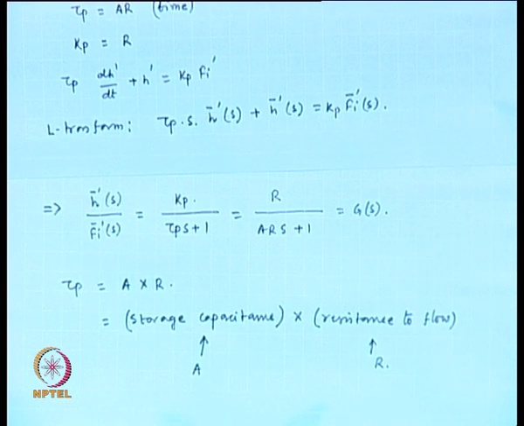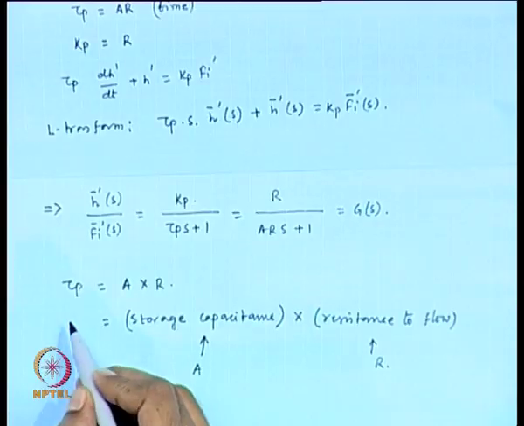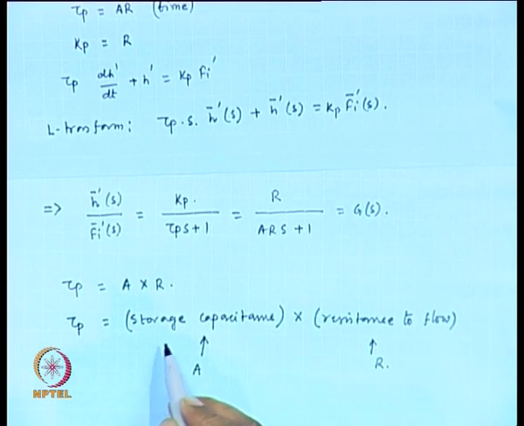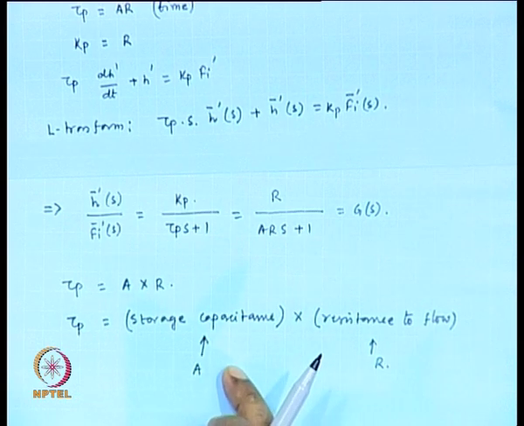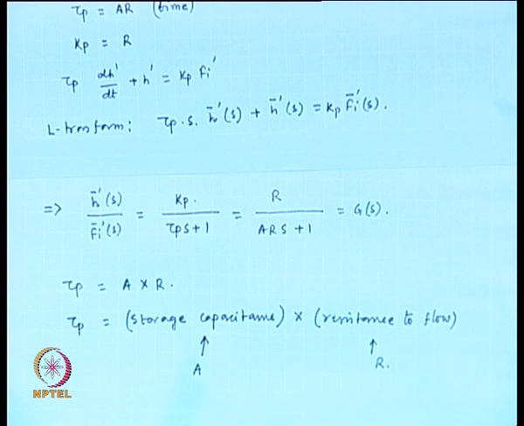In that case also we can write this time constant tau p equal to storage capacitance multiplied by resistance to heat. Then in that case this is the capacity to store energy, not mass.